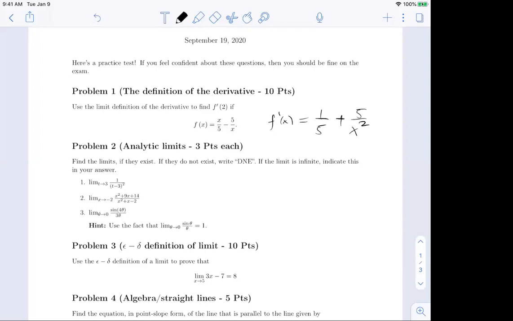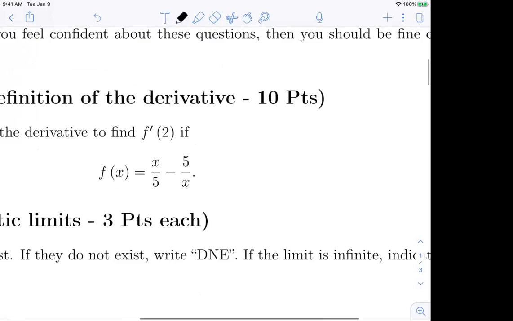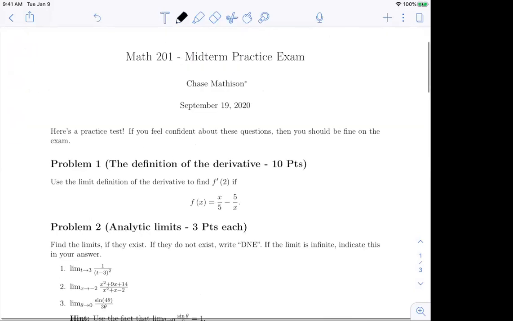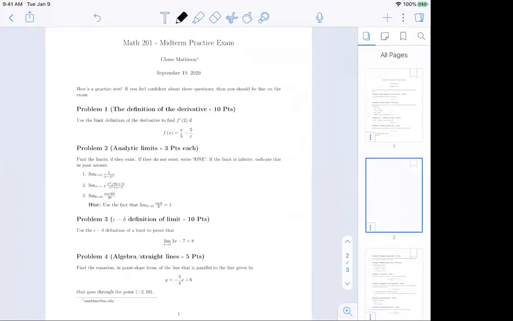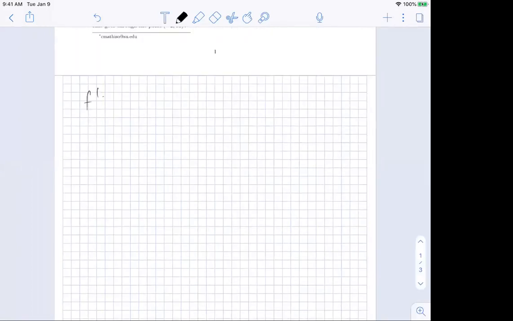So, how do we actually do this? Let me add a page. Well, the limit definition of f prime of 2. Start with the limit as h approaches 0 of, what's the rest of it?